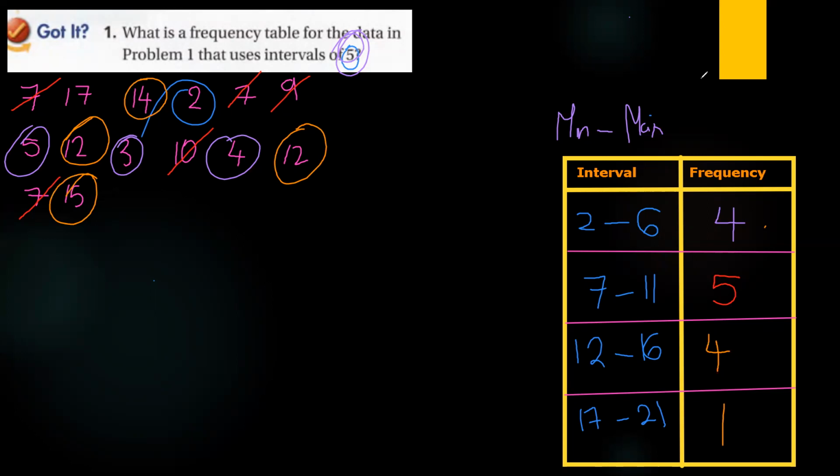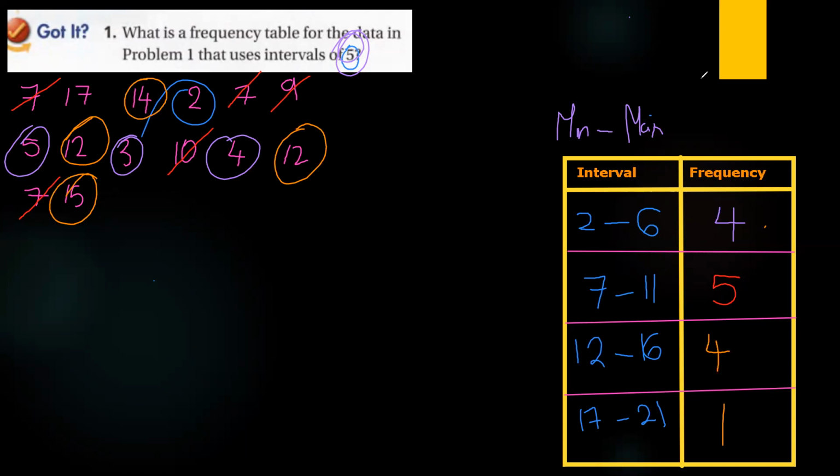Now, here in the first question, in problem 1, you decide how many intervals you want. I want 4. To decide how many intervals you want, you have to subtract the minimum number from the maximum number, and then divide by any number you want for the interval.